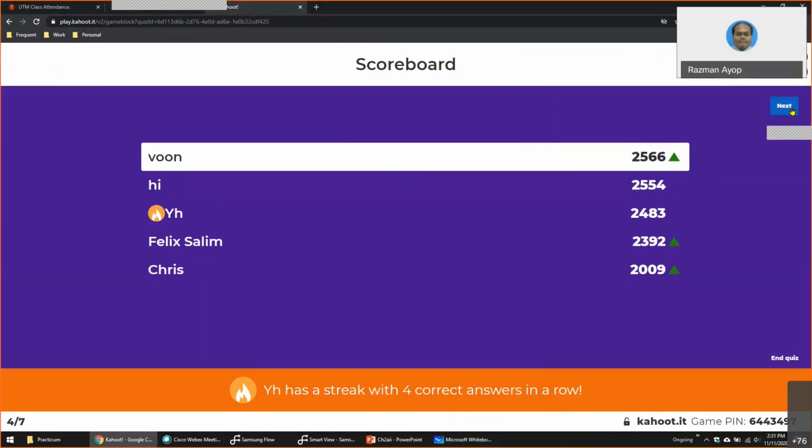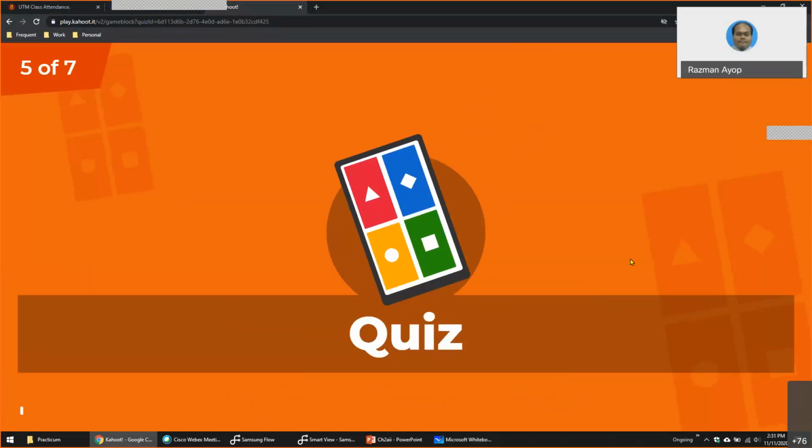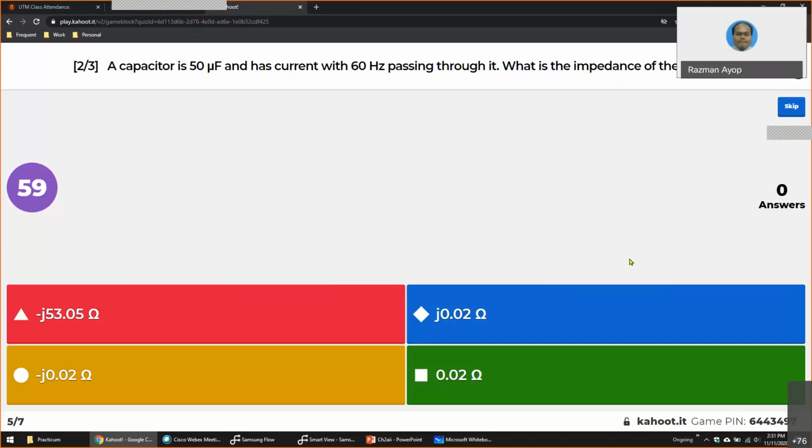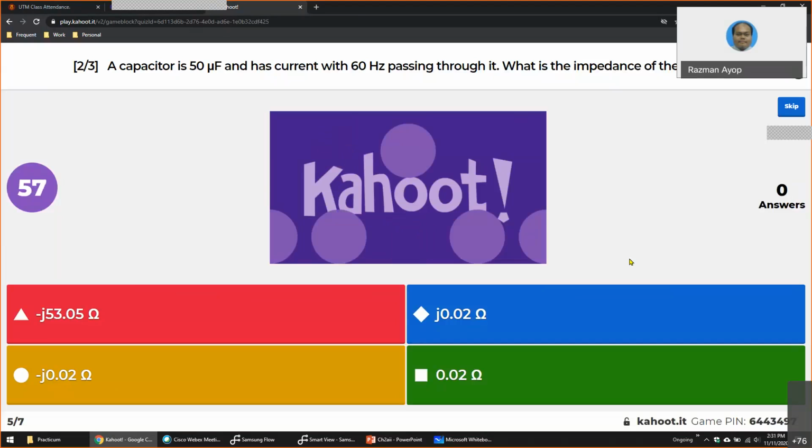Von has the highest mark. This one is for the capacitor. And don't forget, this is impedance, which is Z. For Z, you have to consider the j, the complex number. You have 40 more seconds. Frequency is 60 Hertz.